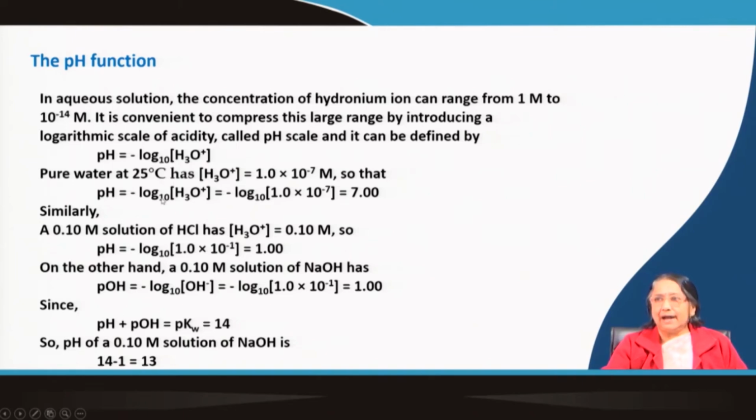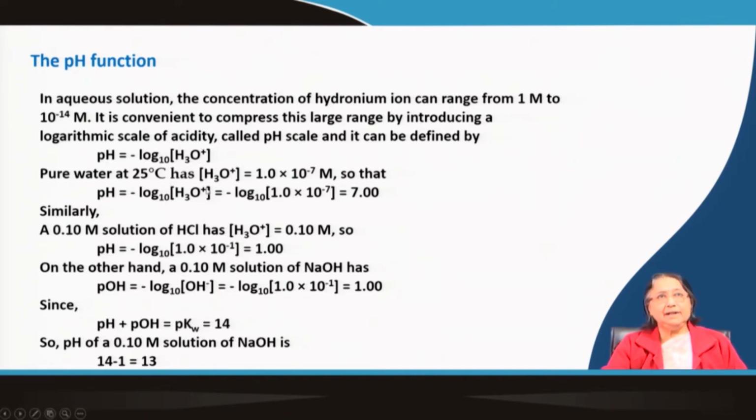Pure water at 25 degrees centigrade. Why is the temperature important? Because we all know that the equilibrium constant depends on the temperature, and I will show you the different values of the equilibrium constant of water dissociation, and you will see how it varies from temperature to temperature.